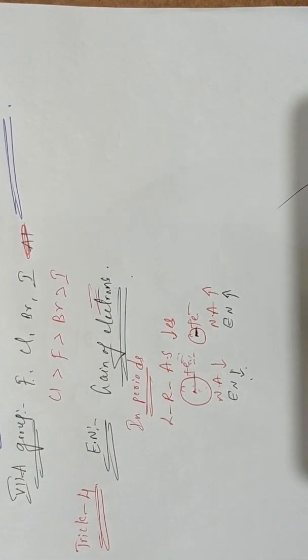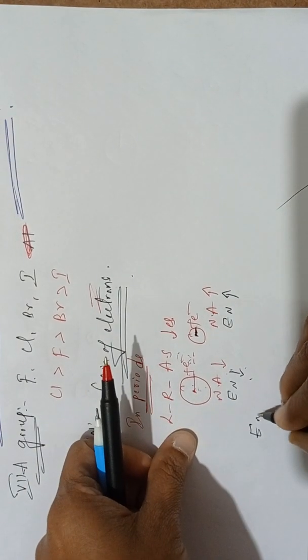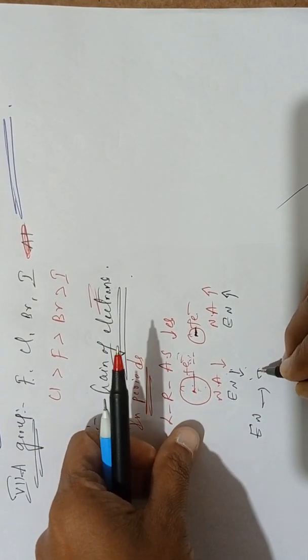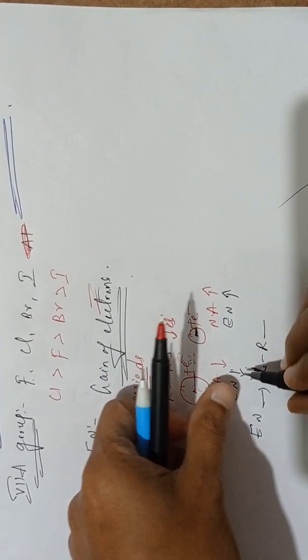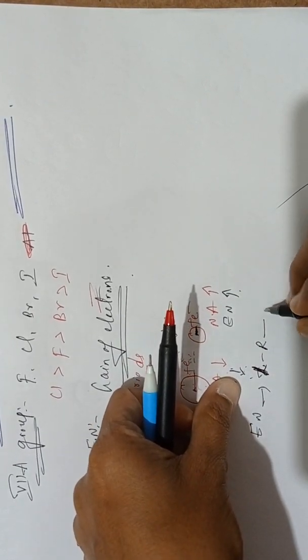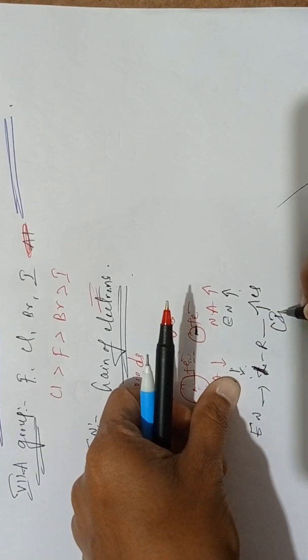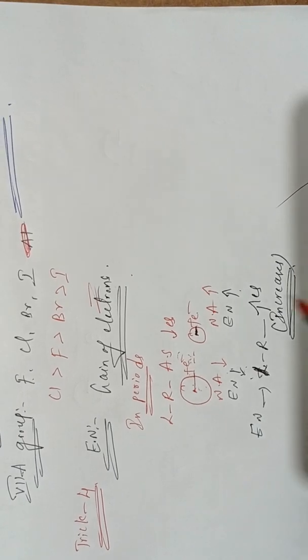Small to big is electronegativity. Left to right, electronegativity increases. Understood, students? Now coming to the groups.